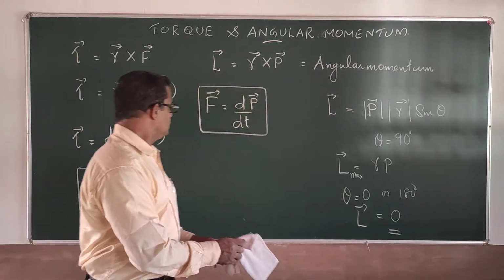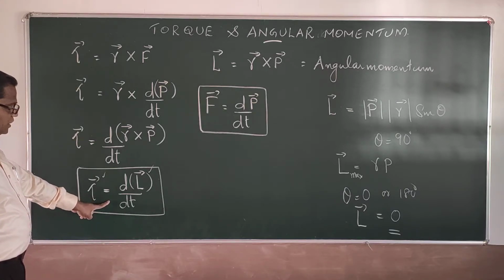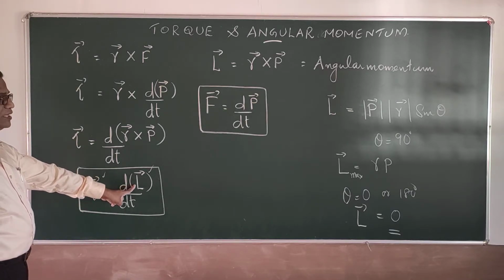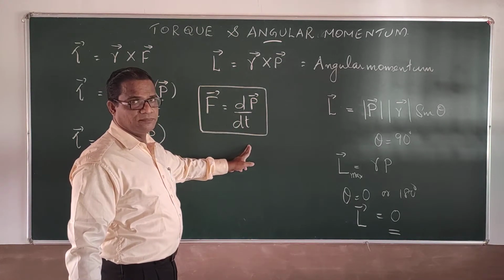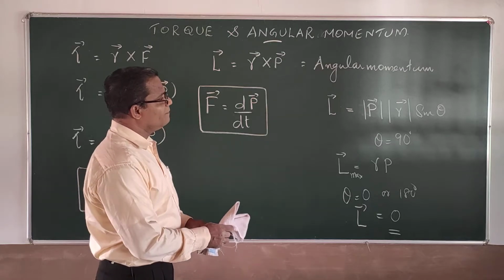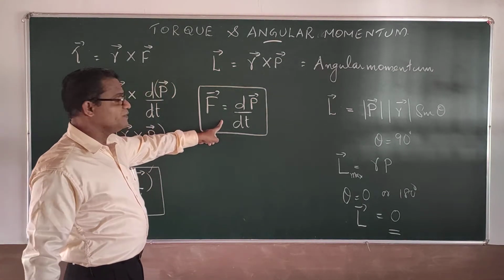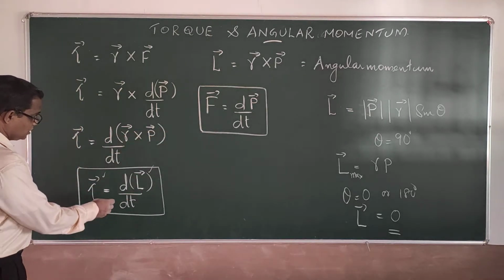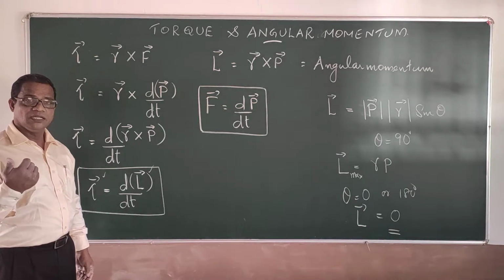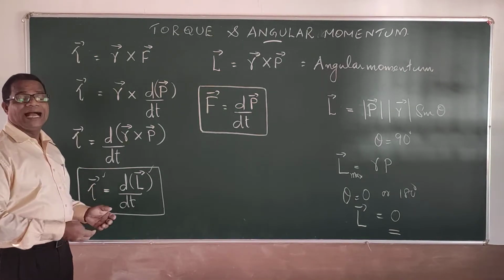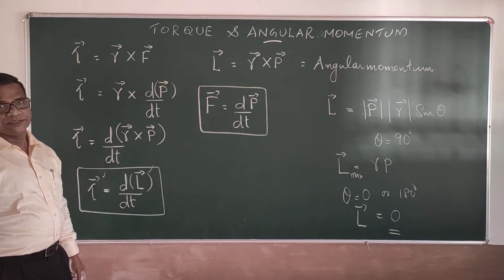Now let us assume that the equation tau equal to rate of change of angular momentum, and F equal to rate of change of linear momentum. Based on this being taken as the second law of linear motion, we can state the second law of rotational motion: the rate of change of angular momentum is equal to the torque applied on it.